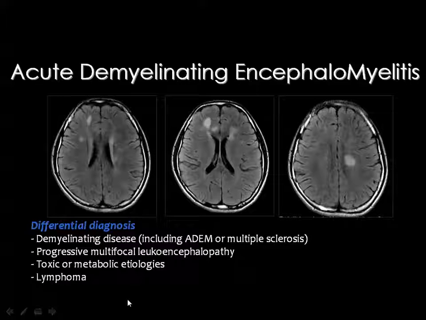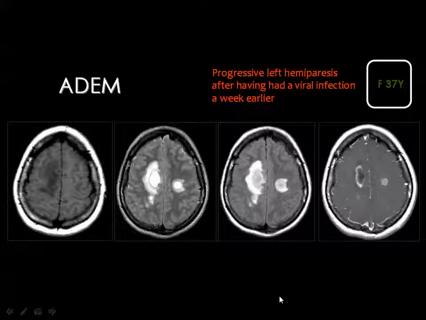The relapsing and remitting course is one of the characteristics of MS. Then acute demyelinating encephalomyelitis will show multiple foci in the white matter, sometimes in the cortex, low signal in the T1, high signal in the T2, and high signal in the FLAIR, with no enhancement after contrast injection.